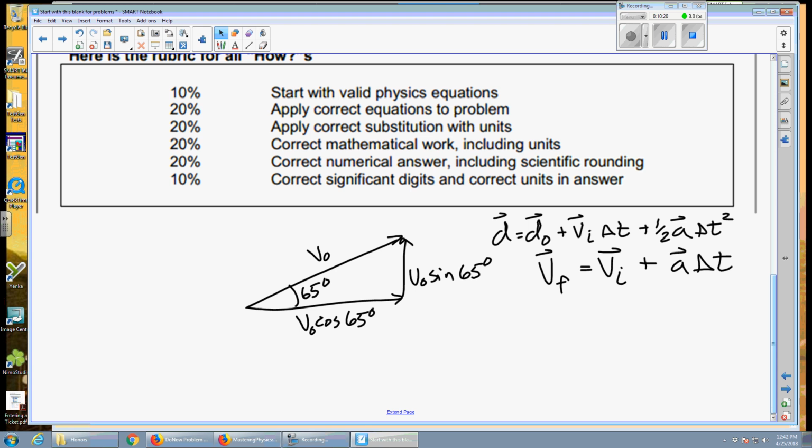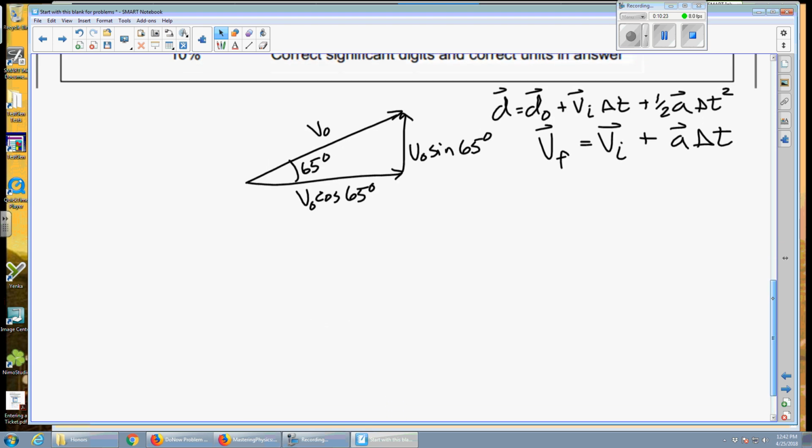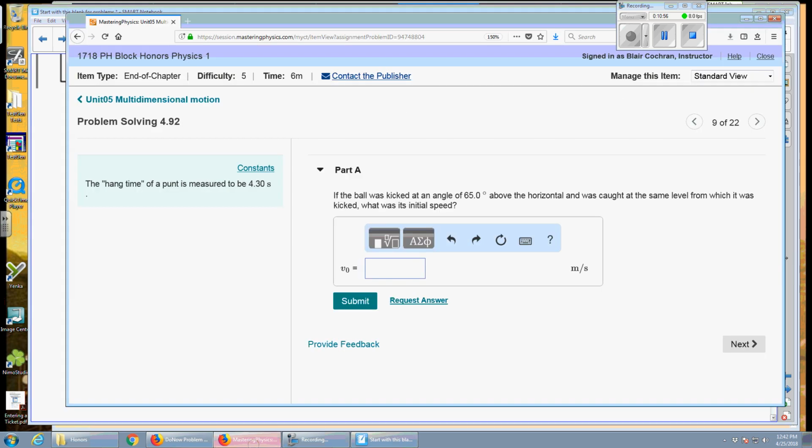So I'm going to use that little factoid that I wrote down in blue above, because when it starts off, it's going up at v naught sine 65 degrees, and because it comes down at the exact same height, it's coming down at negative v naught sine 65 degrees, right? Because it's down. And I know that that happens 4.3 seconds later.